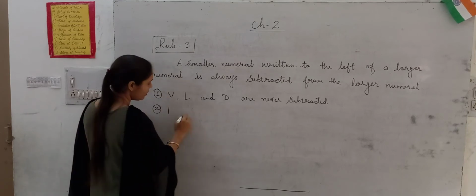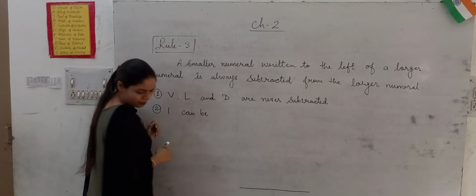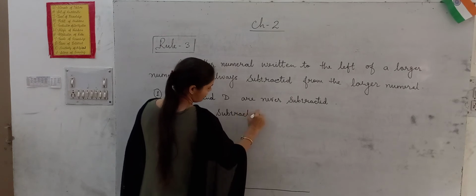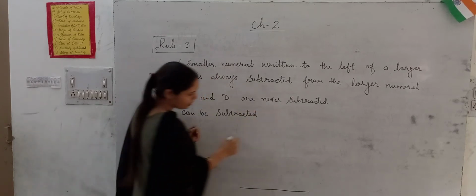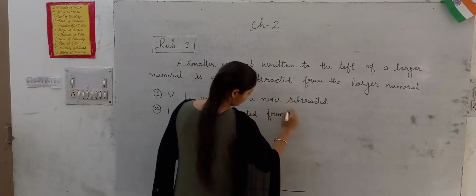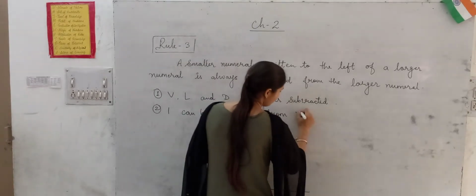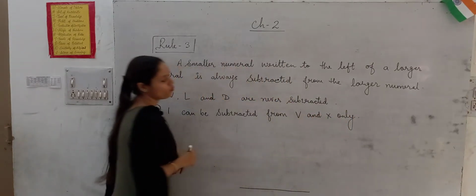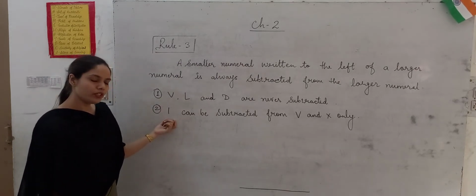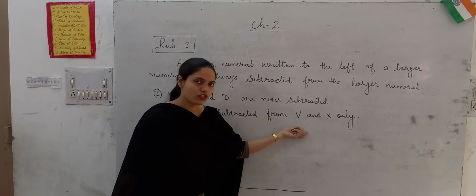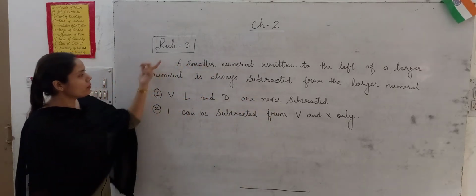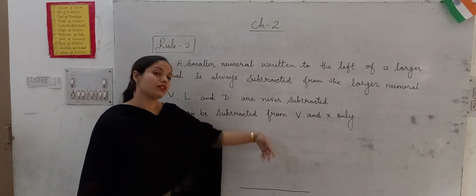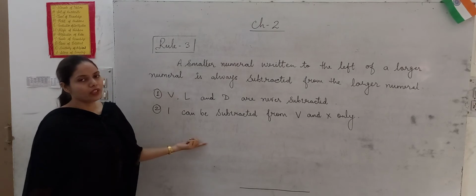As we know, I can be subtracted from V and X only. I is a smaller numeral and V and X are larger numerals. So, in rule number 3, a smaller numeral can be subtracted from the larger numeral if it is written on the left side of the larger numeral.